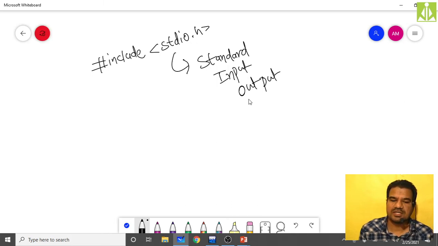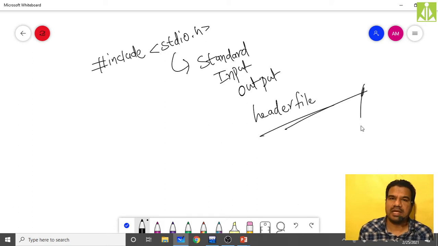Dot h stands for header file. Basically these header files are hidden in nature, but if you want to make them unhidden, you can do it.